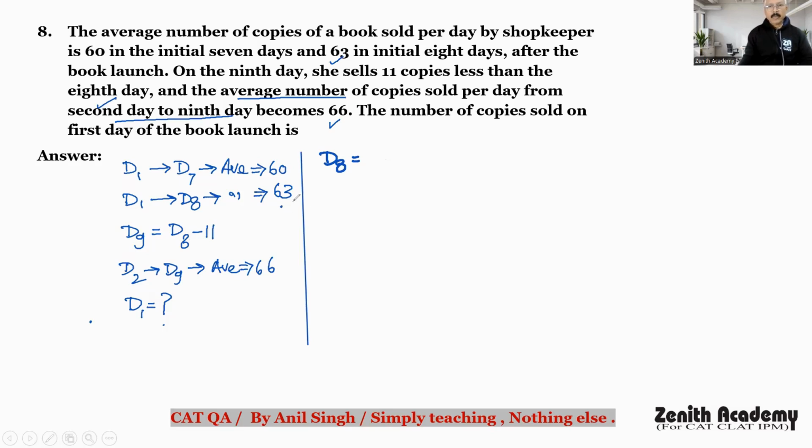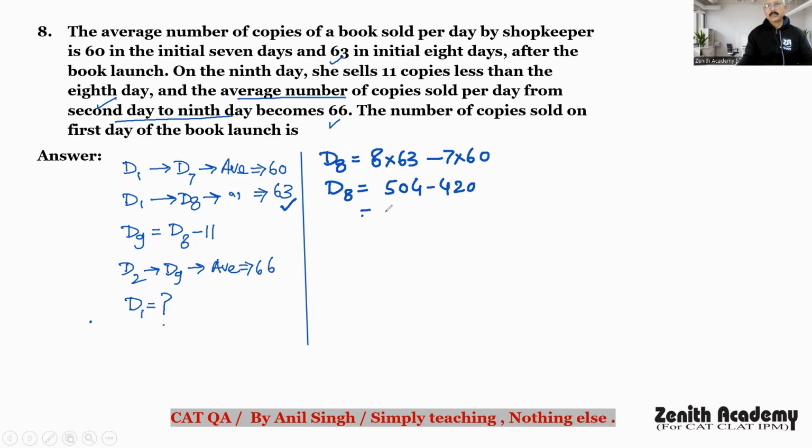Average from the beginning to the 8 days is 63. So 8 into 63 minus total copies sold in the first 7 days, 7 into 60. So this way, 8 days' copies sold is 8 into 63, 8 3 is 24, 8 6 is 48 plus 2, 504 minus 420.